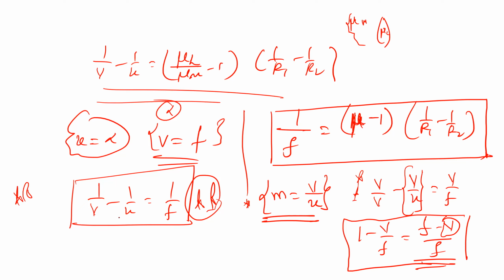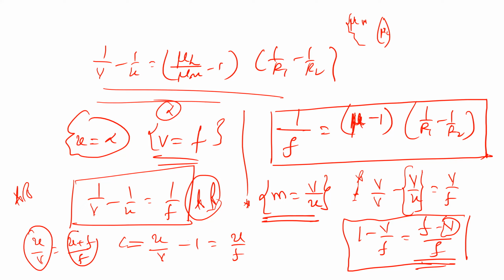Then multiply with U on both sides. Then you will get U by V minus 1 is equal to U by F. If this minus 1 goes to the right side, it will become U by V is equal to U plus F divided by F. So then can I write V by U as F by F plus U?